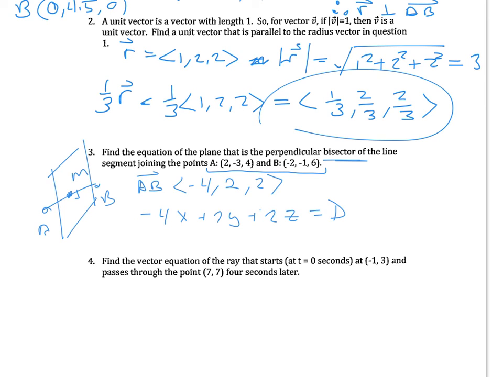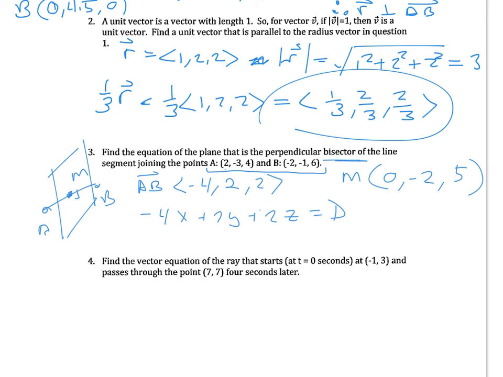The x coordinate of a point midway between A and B is going to be a value right smack in the middle between 2 and -2, which is 0. In the middle between -3 and -1 is -2. Between 4 and 6 is 5.